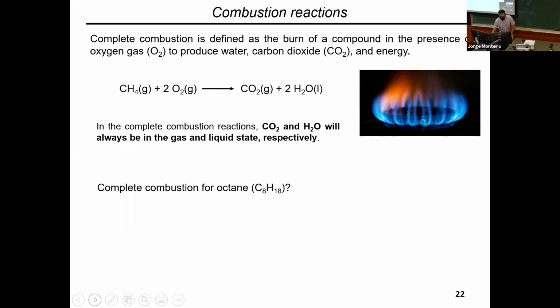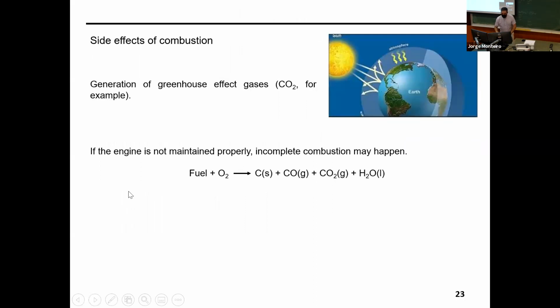All right, so let's talk a little bit about side effects of combustion reactions. We will return to this topic when we talk about thermochemistry. Okay, so in a combustion reaction, if it is complete, you are going to generate a lot of CO2. CO2 is a gas that's going to be around here, forming here like a shell, and CO2 traps heat.